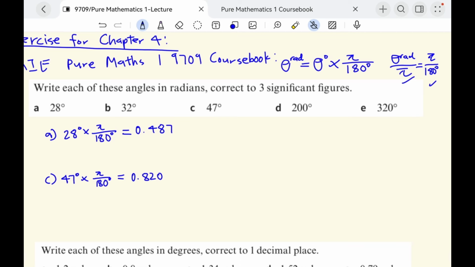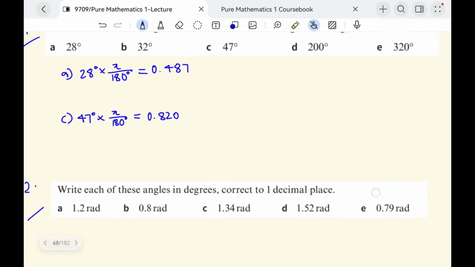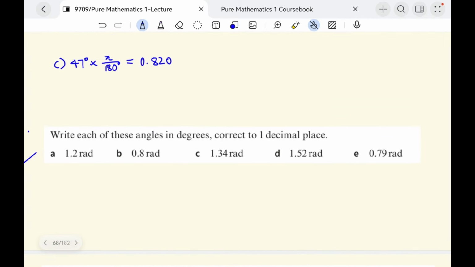Although it is about 0.8203047 something, you must leave it in 3 SF, because 0 can be the third SF. And the rest of the parts of this question you can convert by yourself. This is as practice. Remember, practice makes perfect.